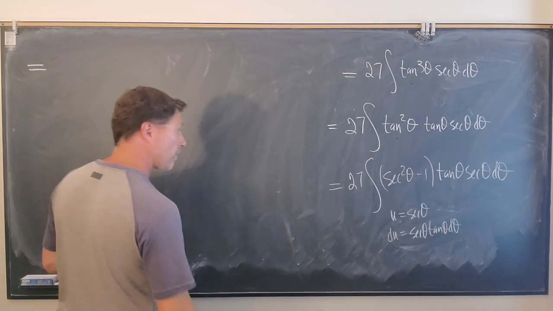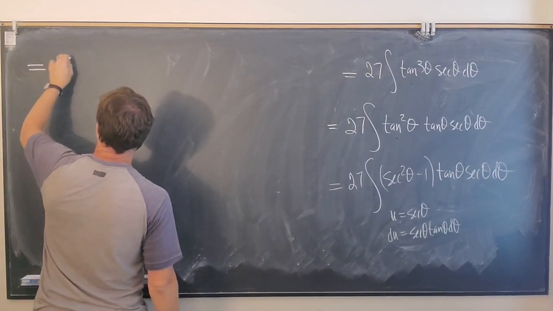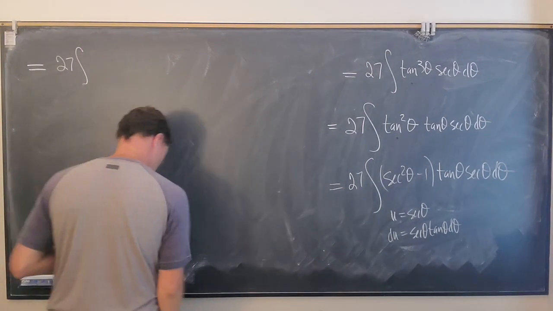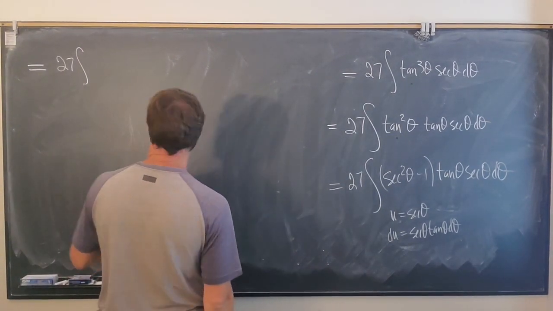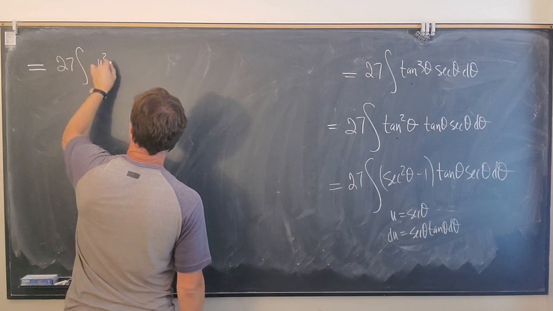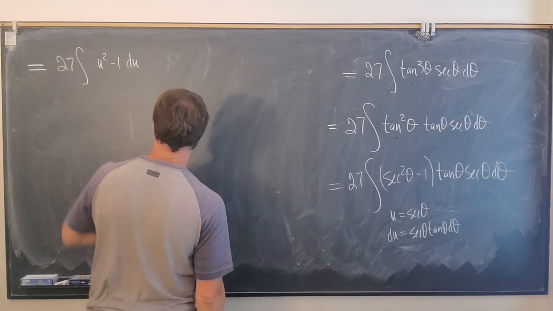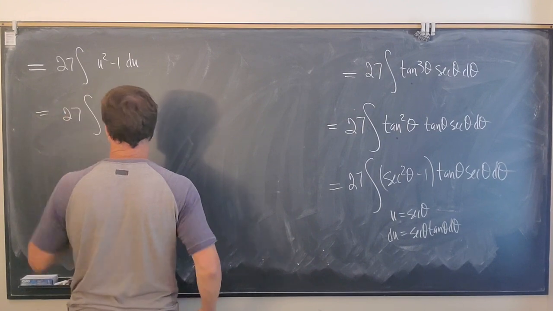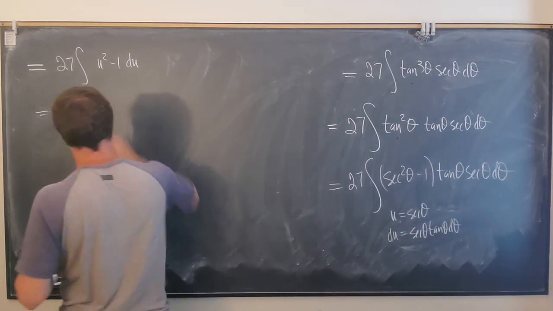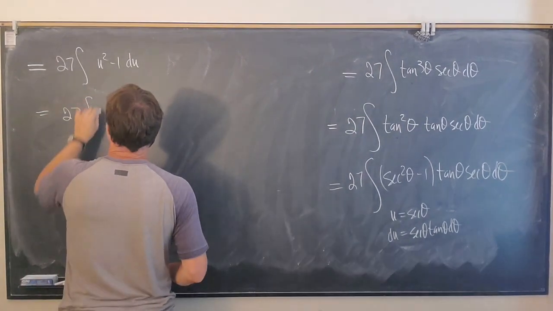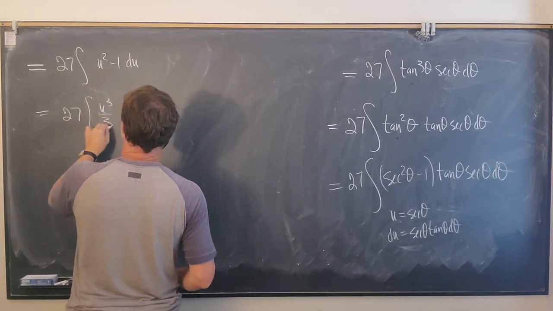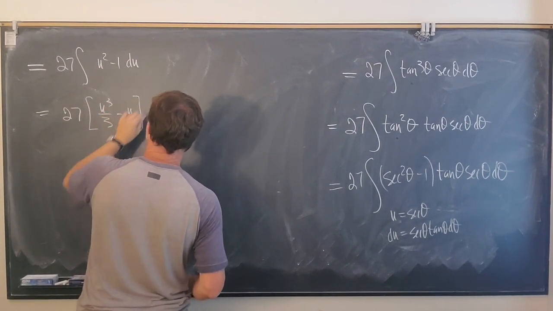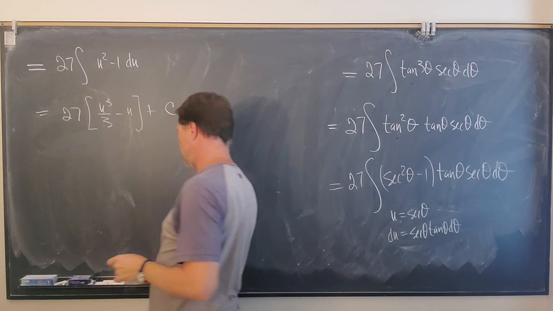So what do we have? 27 integral, and then this will be a u squared minus 1 du. Now we've got an easy integral. This becomes 27 times u cubed over 3 minus u plus c.